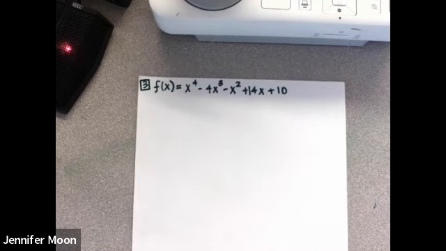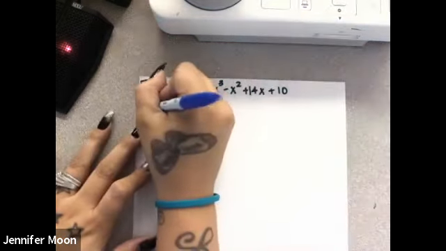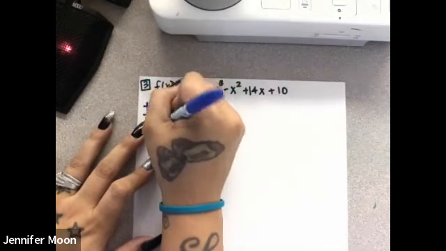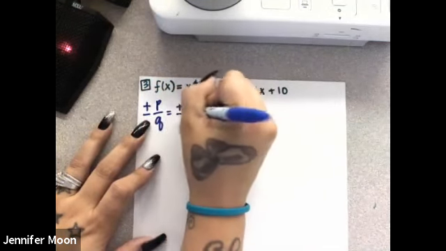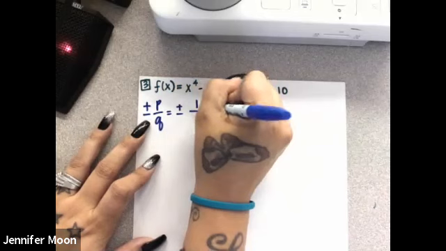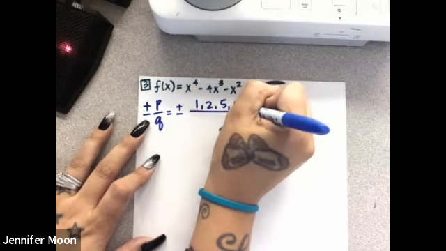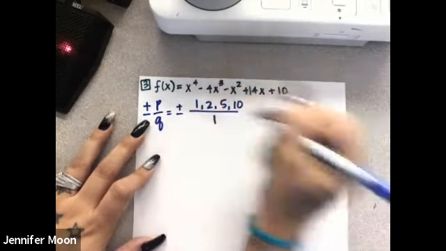This is my polynomial. It says find zeros. First and foremost, what are my possibilities? This one's great. Leading coefficient's 1, right? My p's over my q's means the factors of 10, which are 1, 2, 5, and 10. Factors of 1 are just 1.